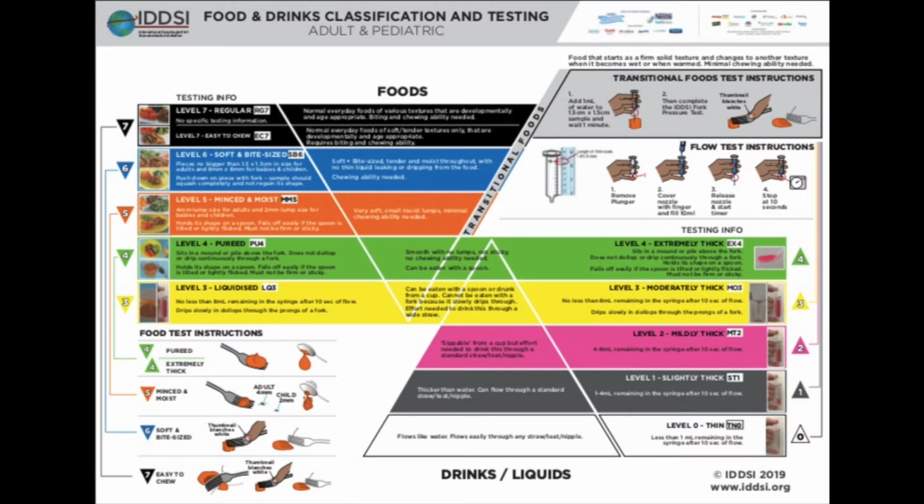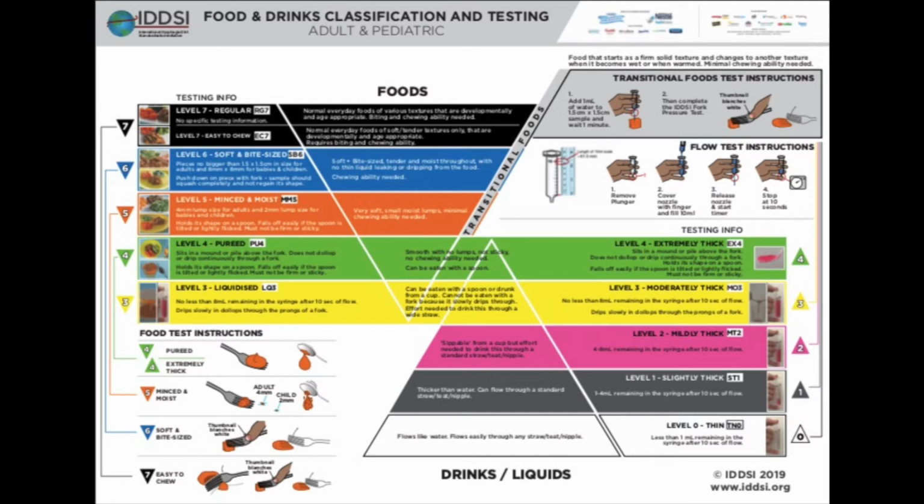You'll be able to push down on the food piece with a fork. The sample should squash completely and not regain its shape. The food consistency, it'll be soft and bite-sized. It'll be tender and moist throughout with no thin liquid leaking or dripping from the food. You will need some chewing ability.